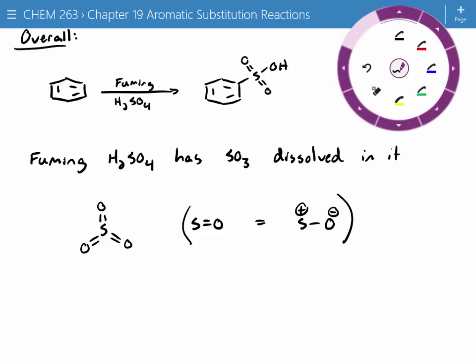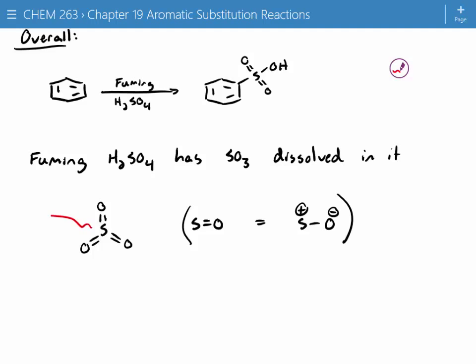So in this case, if we're looking at the sulfur here, this is a very good electrophile, right? Oh, I keep on doing ET. So that sulfur really, really wants electrons.